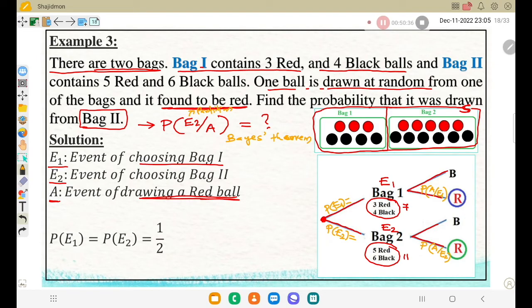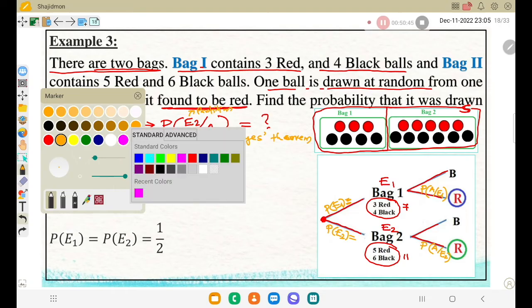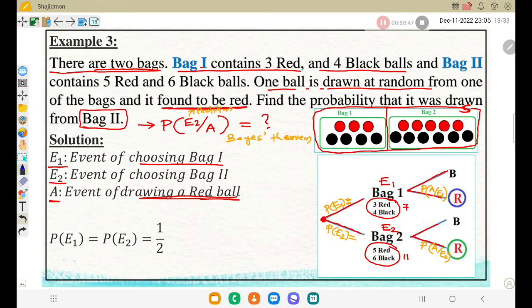We take this number because whatever ball we drew is red color, so no need to think about the black ball. This point you can see. Now what is the probability of E1? The probability of choosing bag number 1. How many bags do we have? 2 bags. So the probability of choosing bag number 1 is just half, 1 divided by 2, because there are 2 bags and we choose 1 bag.